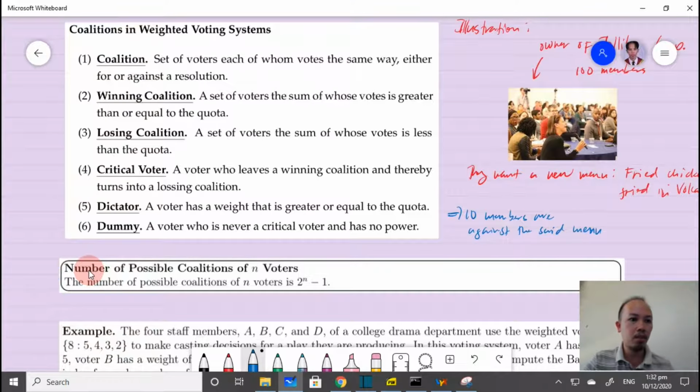The number of possible coalitions of n voters is given by this formula, 2 to the n minus 1. For example, if we have 100 members, so there are 100 voters, then n is the number of voters, so you have 2 to the 100 minus 1, and that would be the number of possible coalitions. Remember, that number is very large.